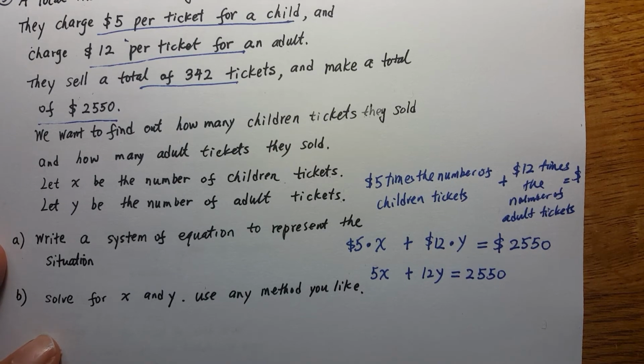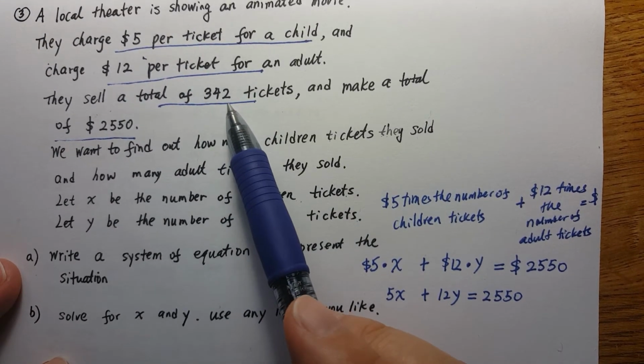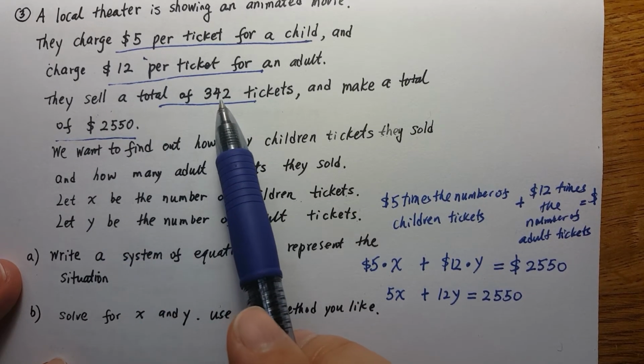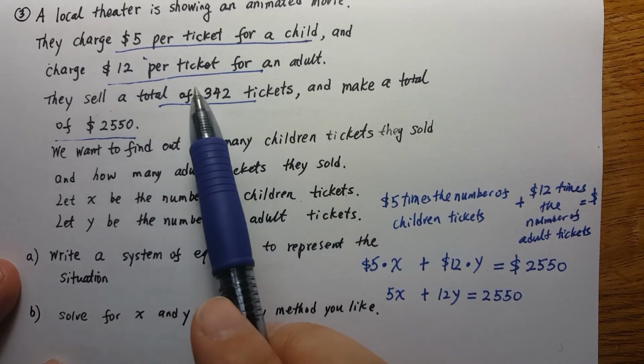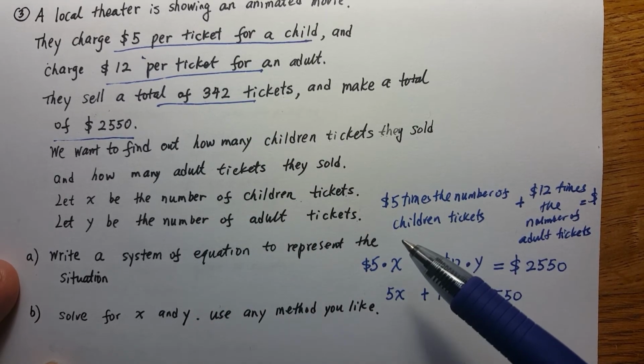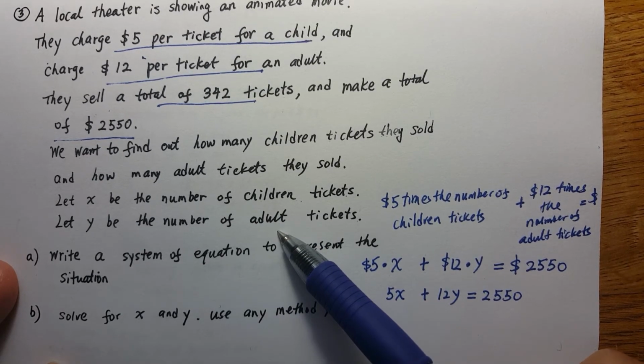Now we still have another number we haven't used, 342. They sell a total of 342 tickets. To get to 342, we have to add the number of children tickets and the number of adult tickets.